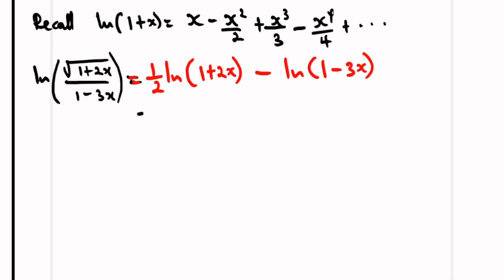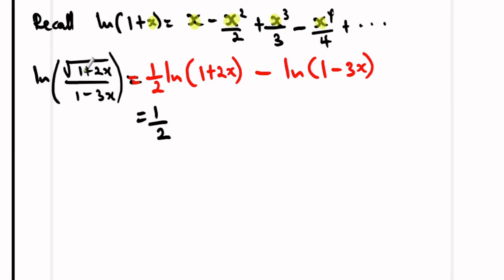1 over 2. Now, the natural log of 1 plus x is equal to x minus x squared over 2 plus x cubed over 3 minus x to the power 4 over 4. We can see that this x is reflected here, here, here, and here.